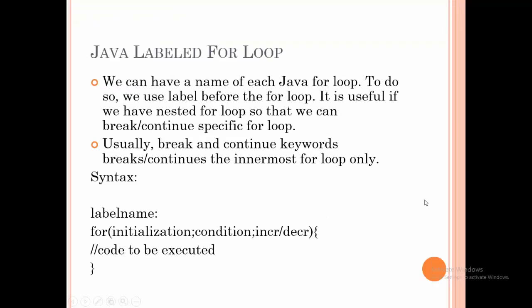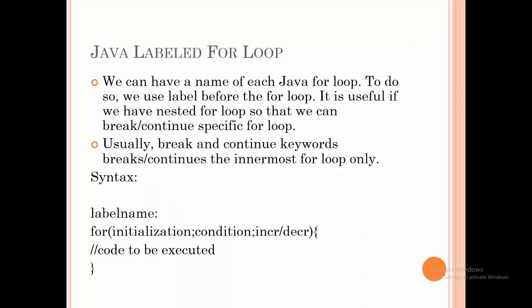The next one is the Java labeled for loop. So we can have a name for each Java for loop. To do so, we use a label before the for loop. So it is useful if we have a nested for loop so that we can break or continue a specific for loop.